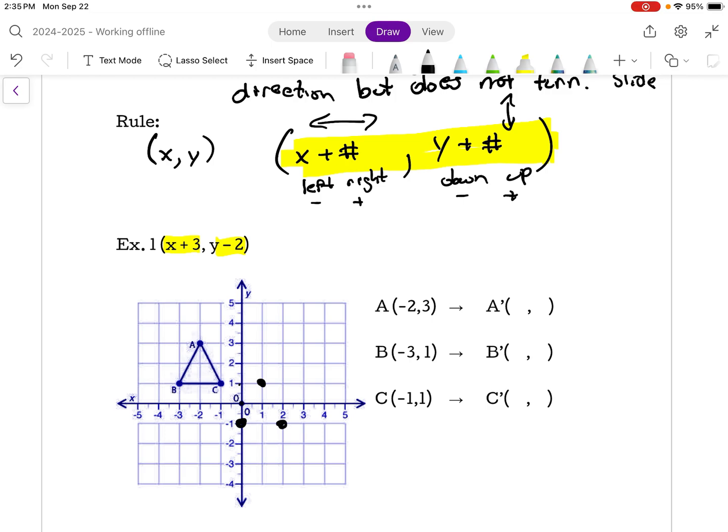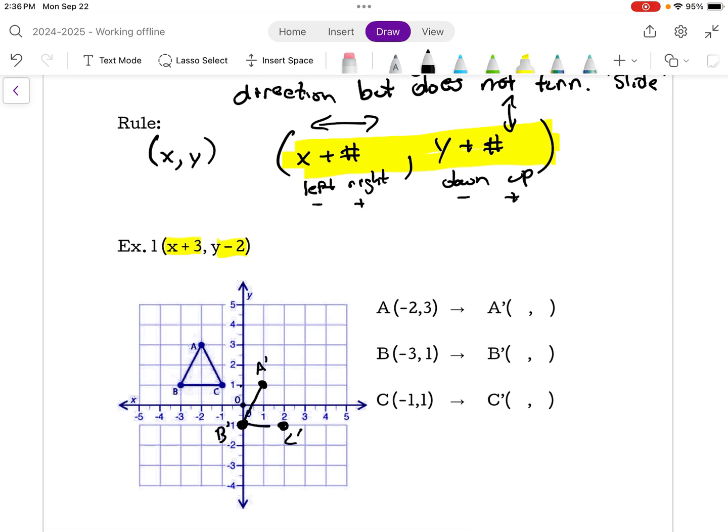Now, the way I'm going to label these is a little different. I'm going to label them A prime, B prime, and C prime. They're basically the same label. We're just putting a little dash above it, and we call those primes. It's just showing that it's a different figure that you've translated. And then there's your triangle.